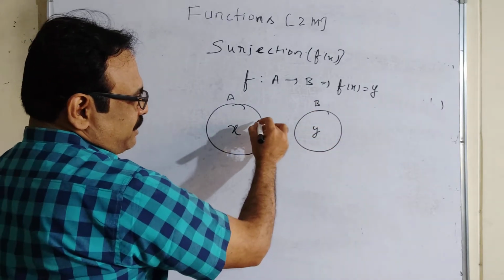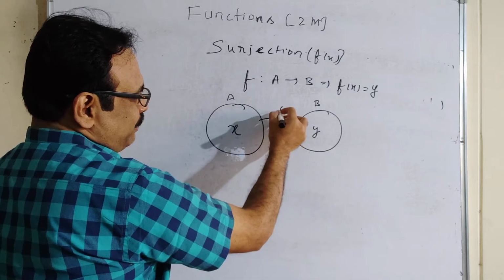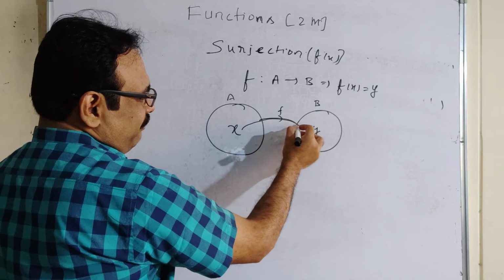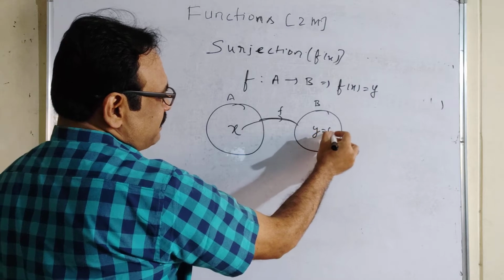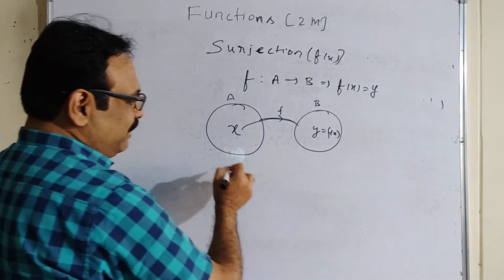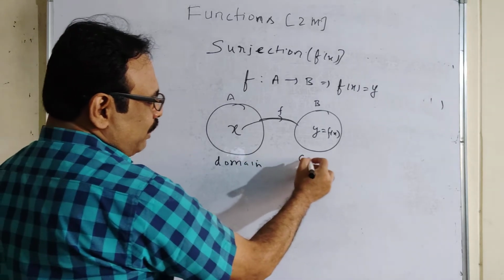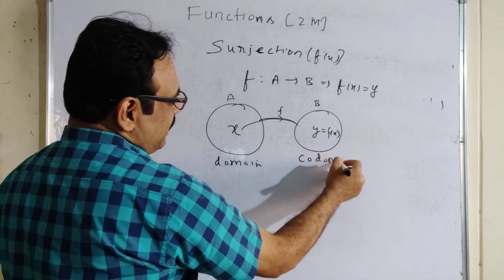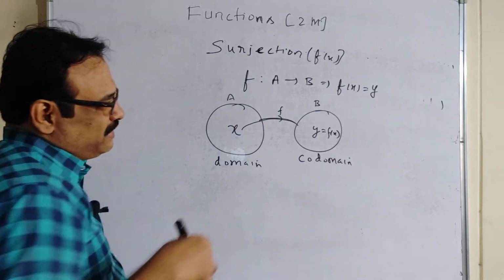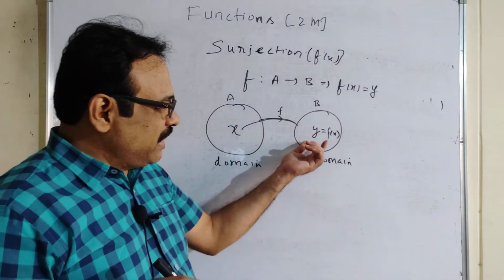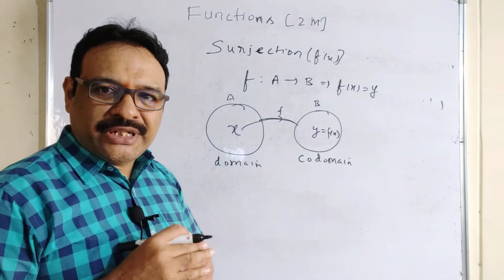Now f is a function from A to B. So first you need to understand that we say this y is called the f image of x. This is called the domain. This is called the codomain. That means the codomain indicates y is equal to f of x.